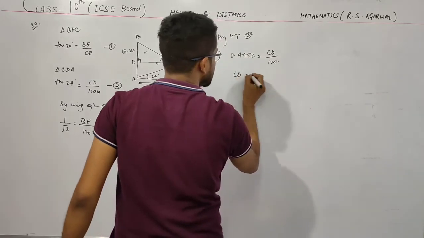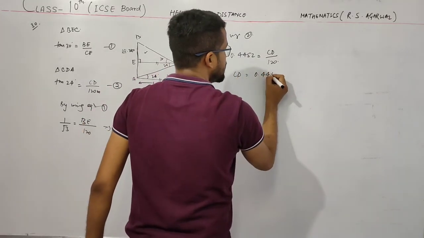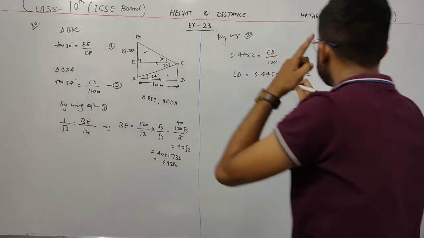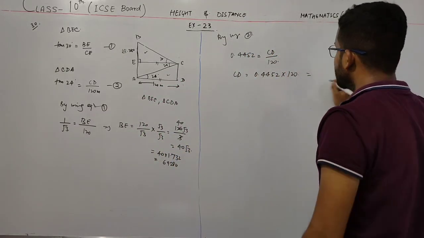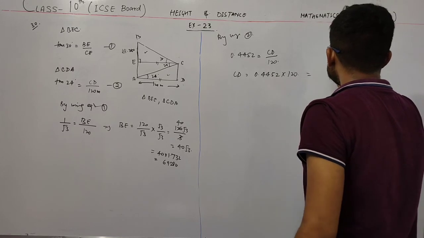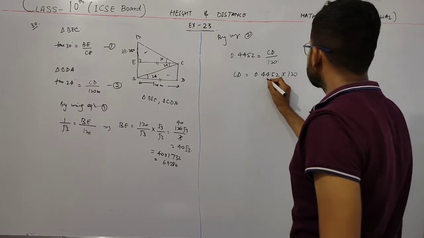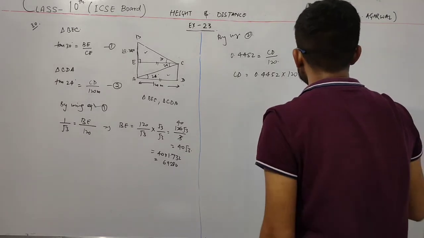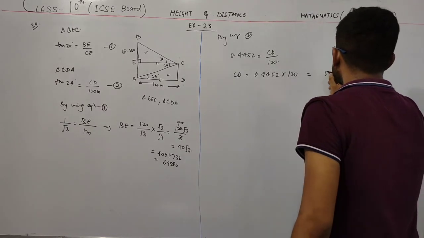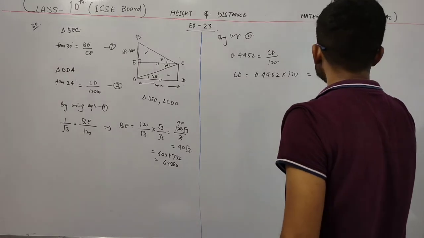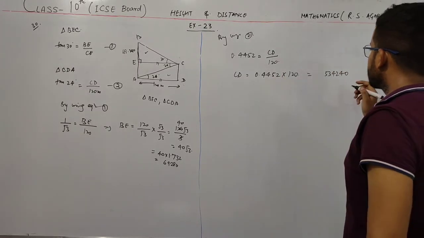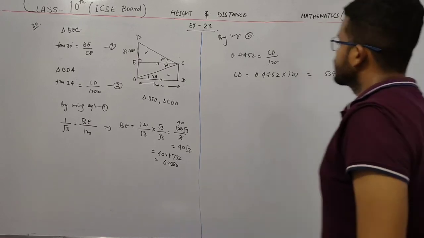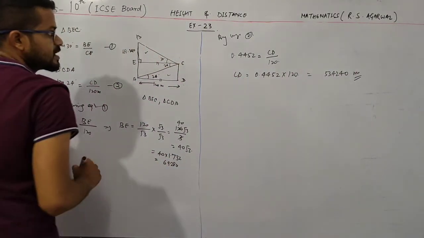So CD is equal to 0.4452 into 120. So multiply this. 12 2s are 24, 2 carry, 12 5s are 60, 62, 6 carry, 12 4s are 48, 48 and 6, 54, 5 carry, 12 4s are 48, 48 and 5, 53. Okay, and 1 0, 1 2 3 4. After 4 digits there is a decimal, so I write here 53.4240 meter. Okay, so this is CD.